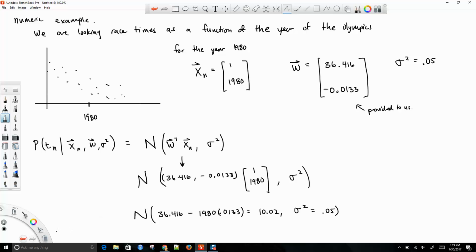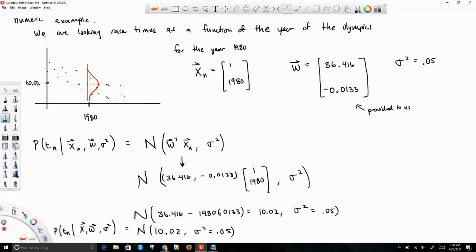So this probability of t sub n given x, w, and sigma squared is the normal distribution centered at 10.02 with variance 0.05. What we're saying is that right here is 10.02, and I have a normal distribution centered right there.